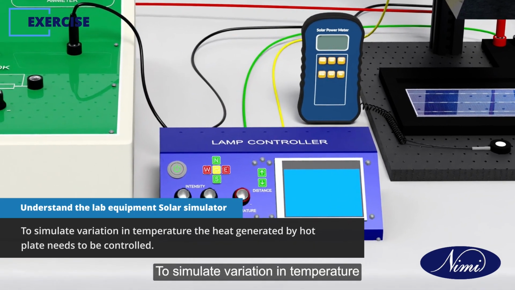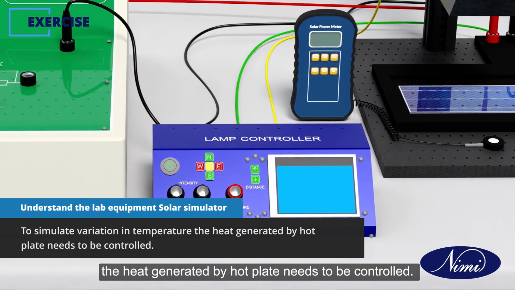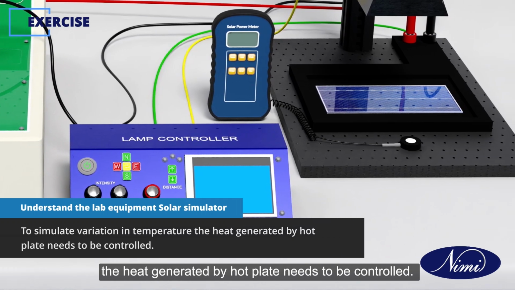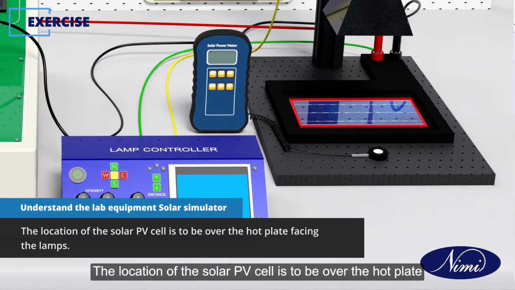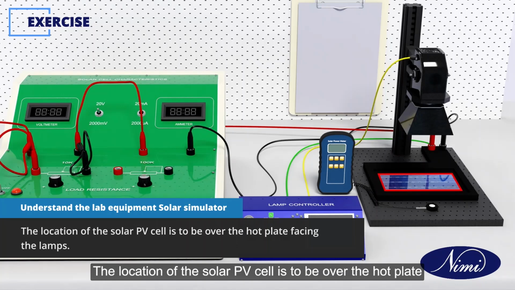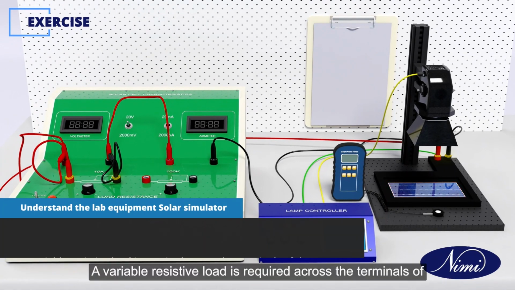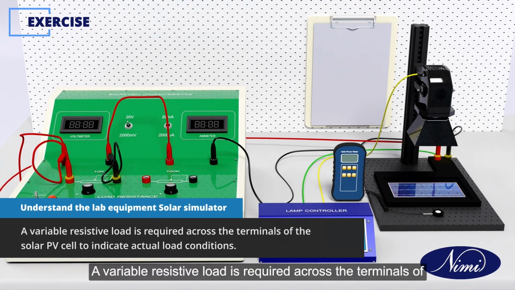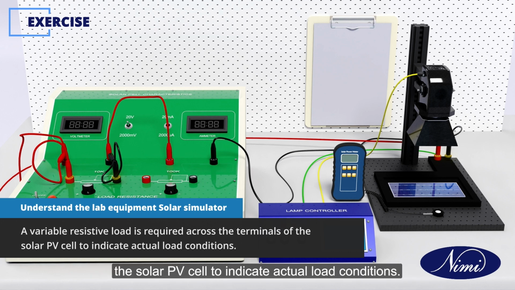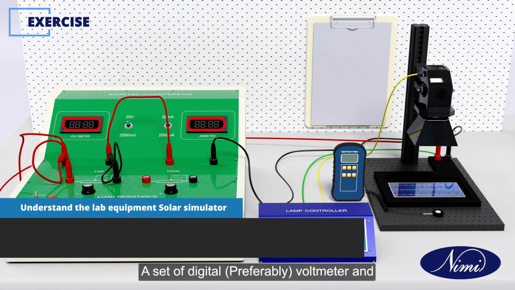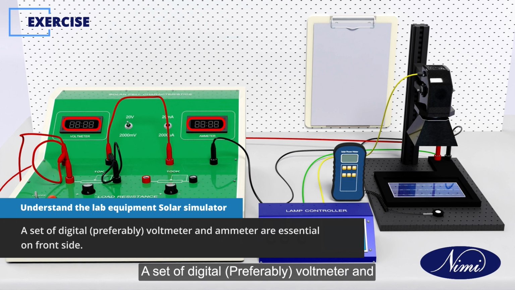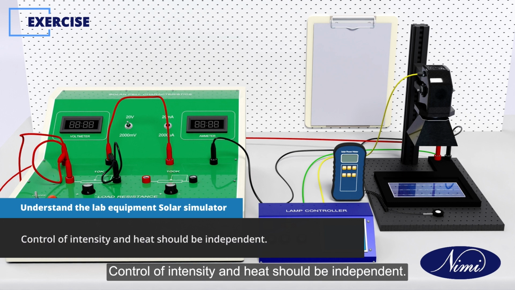To simulate variation in temperature, the heat generated by the hot plate needs to be controlled. The solar PV cell is to be located over the hot plate facing the lamps. A variable resistive load is required across the terminals of the solar PV cell to indicate actual load conditions. A set of digital meters, preferably voltmeter and ammeter, is essential on the front side. Control of intensity and heat should be independent.